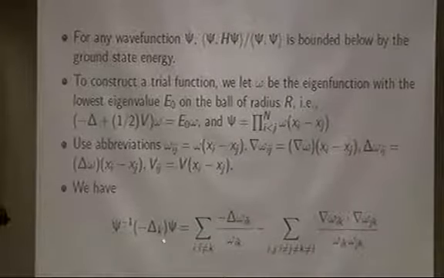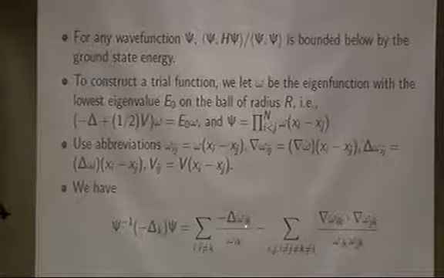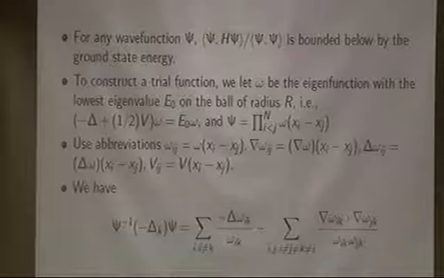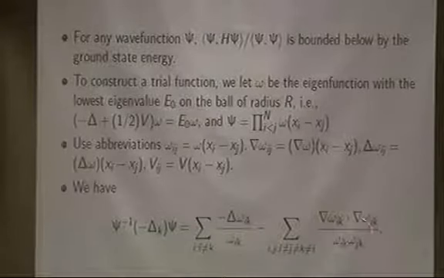If this Laplacian hits the same omega twice, it becomes minus Laplacian omega. If it hits different omegas in this product, then it becomes gradient times gradient. So we have these first terms and the second terms.